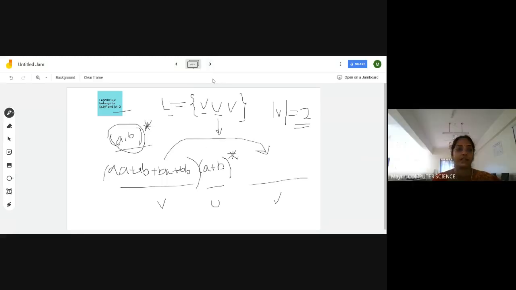And I'll just stop here explaining about regular expressions. If you get any doubt in solving regular expressions, where a language is given to you, please refer to your previous year question papers. If you get any such question, a language is given where you cannot construct a regular expression, please bring it to my notice.